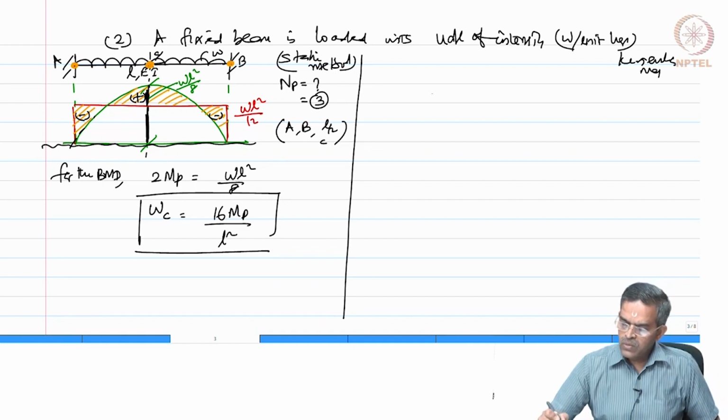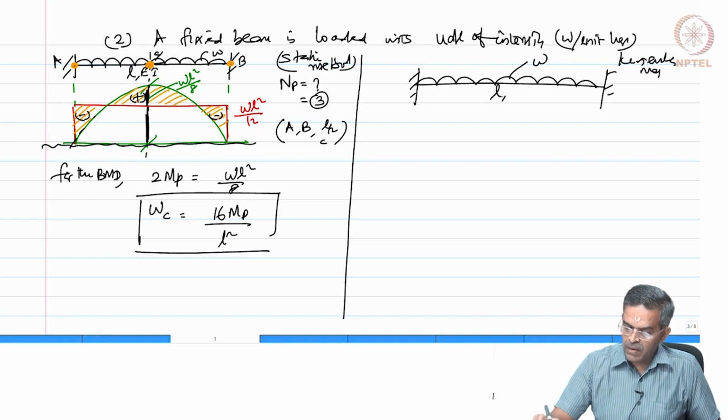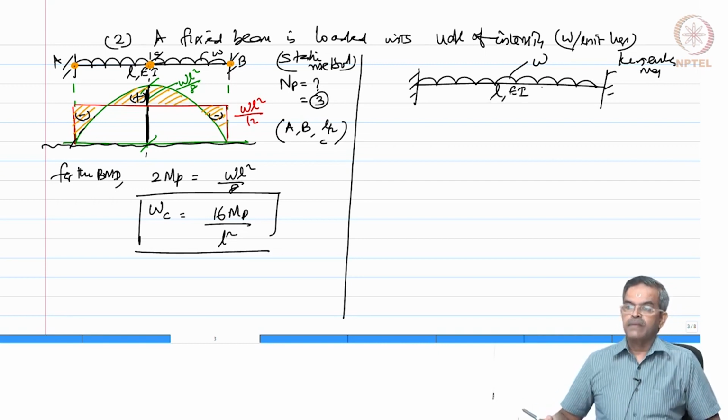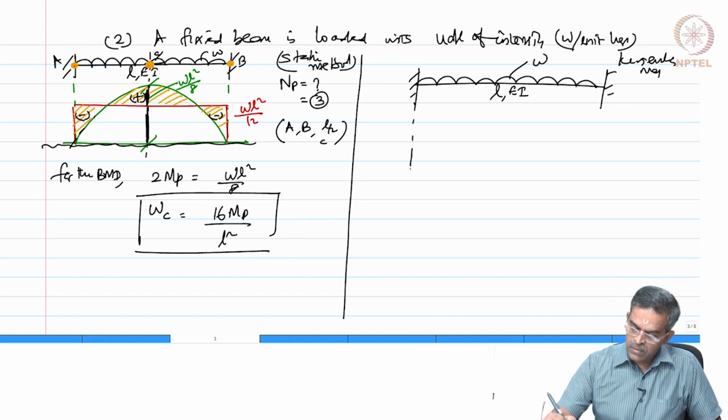Let us try to do this problem using kinematic theorem. A fixed beam under uniform distributed load for a span of L and EI. Let me try to draw the mechanism.